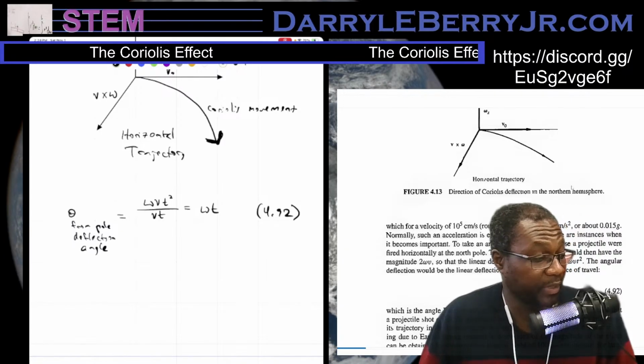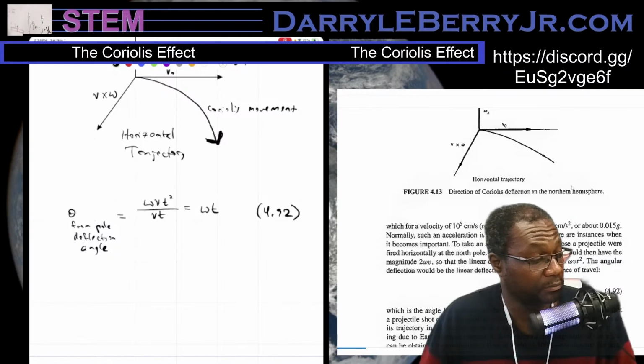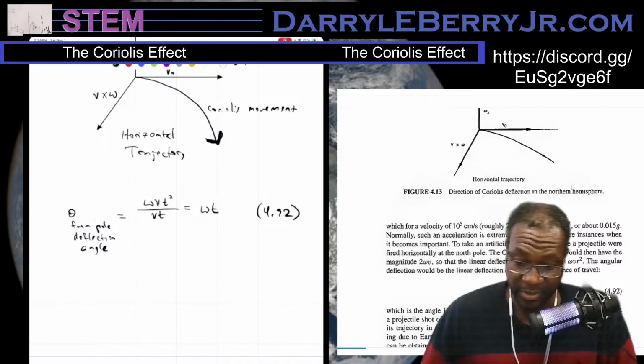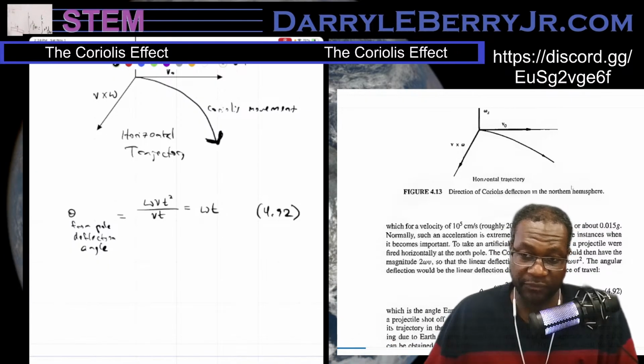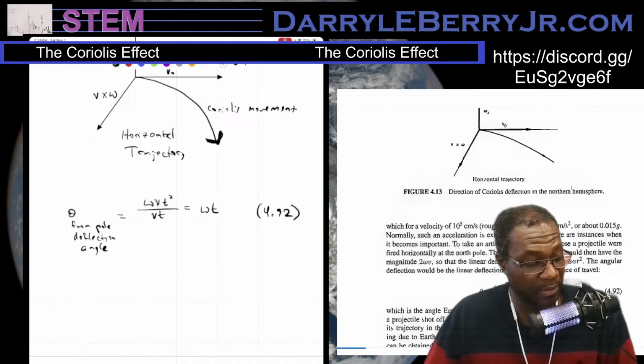Which is the angle Earth rotates in the time t. That makes sense. Because if it's coming from the pole, it has no sideward motion. So however far it travels, the Earth would move under that.